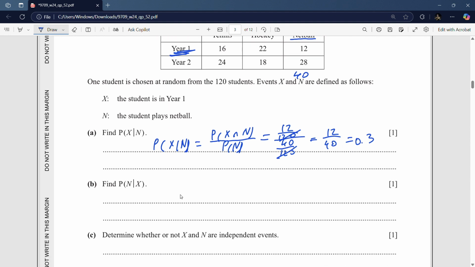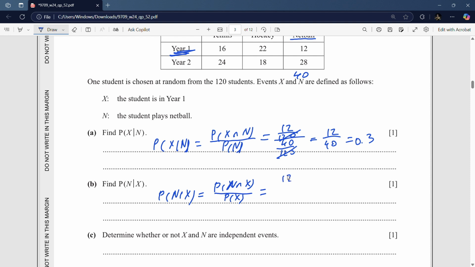So we have a pretty similar question in B. Probability of n given x. So again, we define their intersection and divide it by the probability of event x this time, because this event is given here.